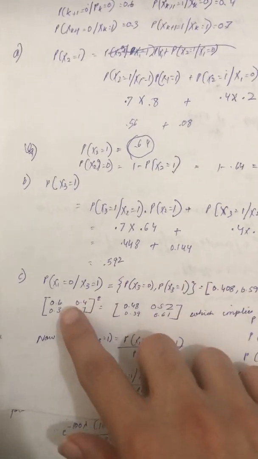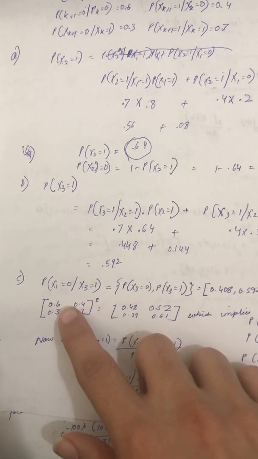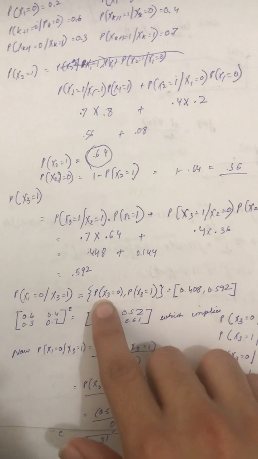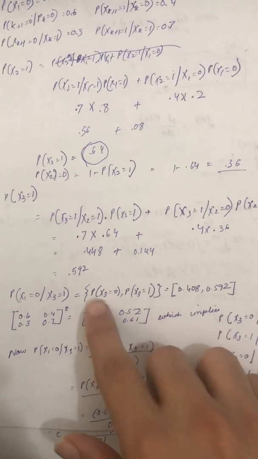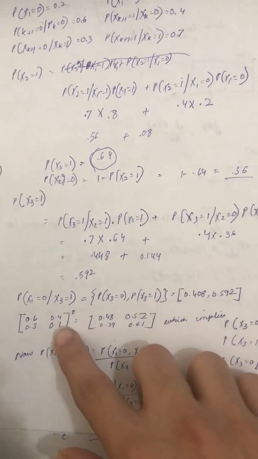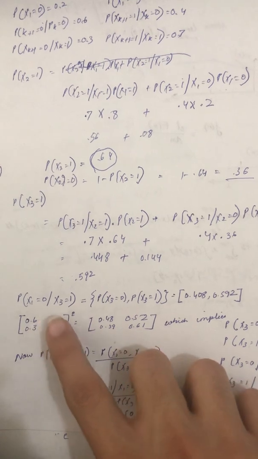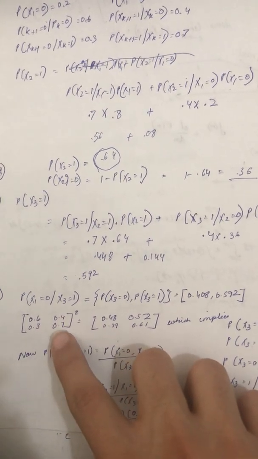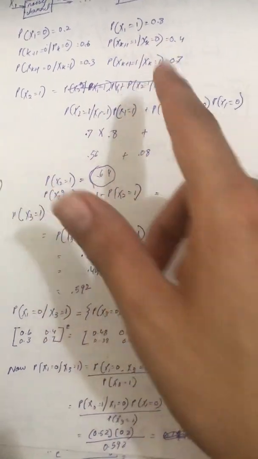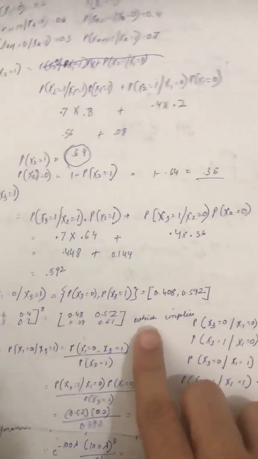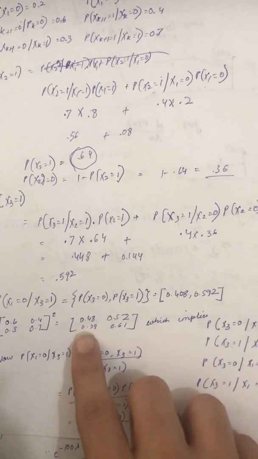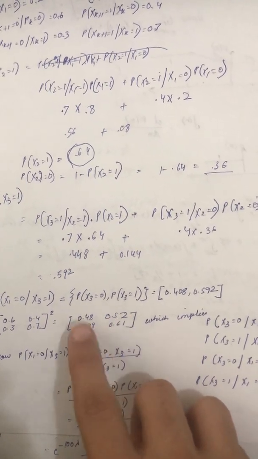For the third question, we need to find the probability of x1 equal to 0 given x3 equal to 1. For that, we have the transition matrix over states 0 and 1, with entries 0.6, 0.4, 0.3 and 0.7. We square this to find the new matrix, which is 0.48, 0.52, 0.39 and 0.61.